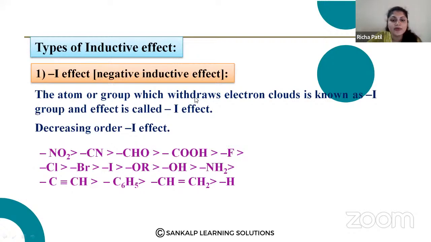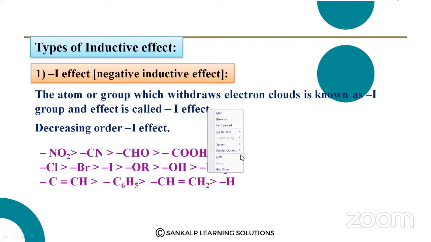So the atom or group which withdraws electron clouds shows the minus inductive effect, and this is the decreasing order of their negative inductive effect.